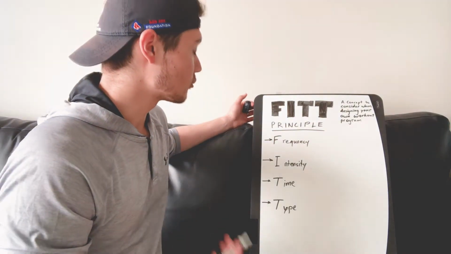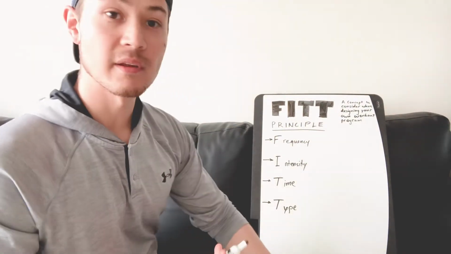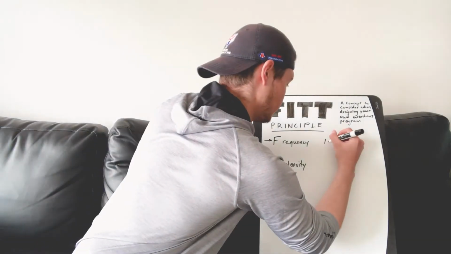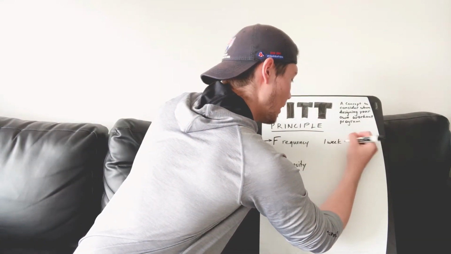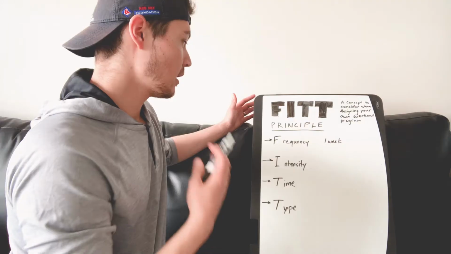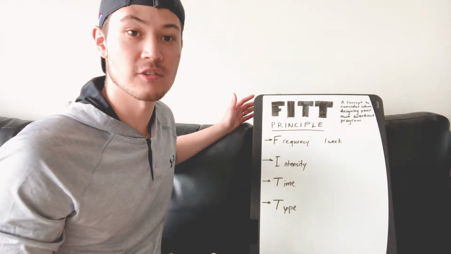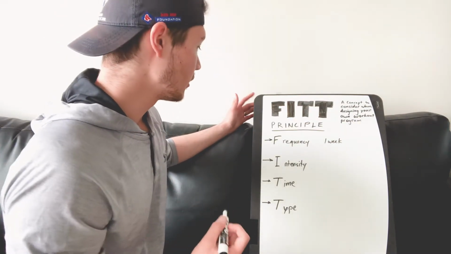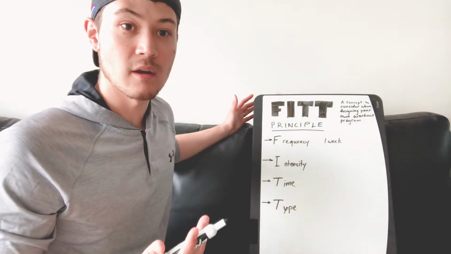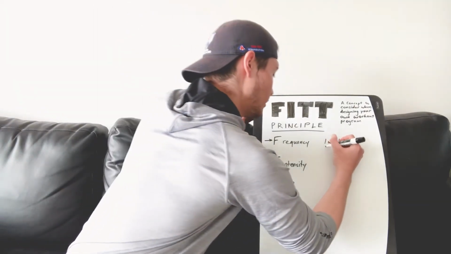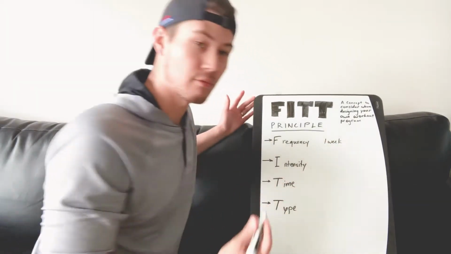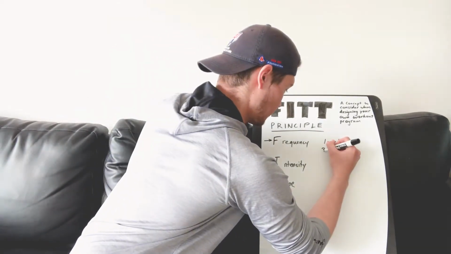In the strength and conditioning world, that time is typically a week. So when we mean frequency, we mean how many sessions you're going to have during that 1 week. Again, it's going to be dependent on your goals, but we'll say to start, for example, 3 to 5 times a week you want to exercise.